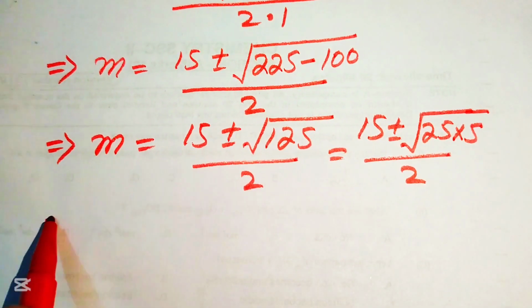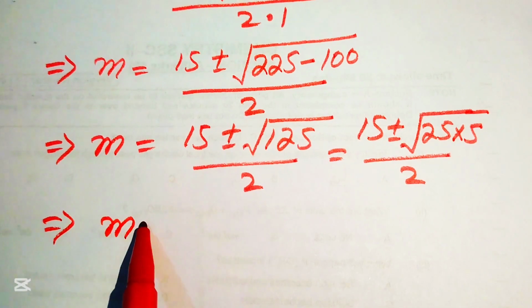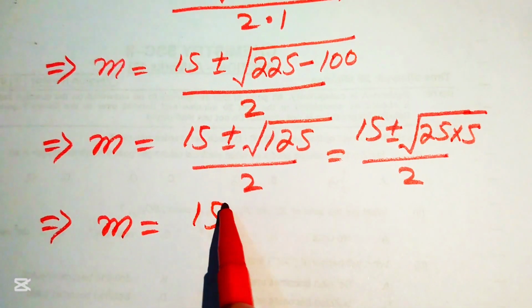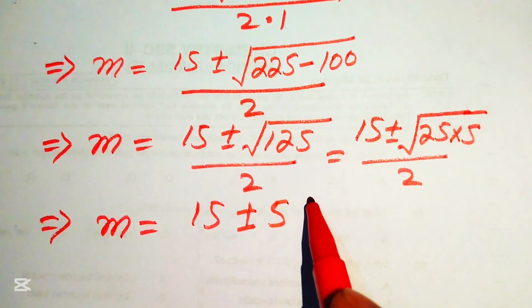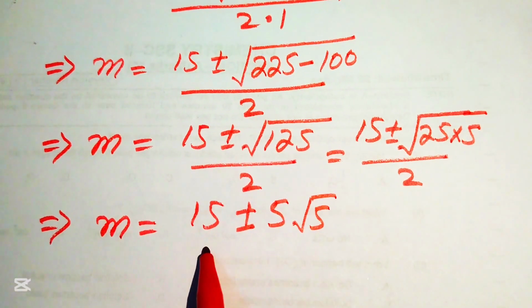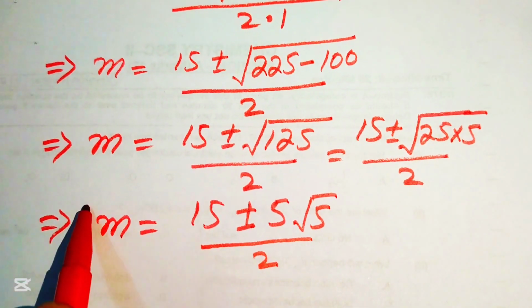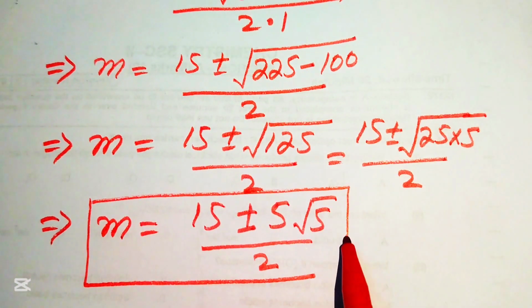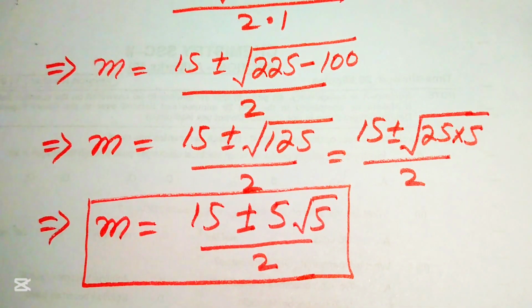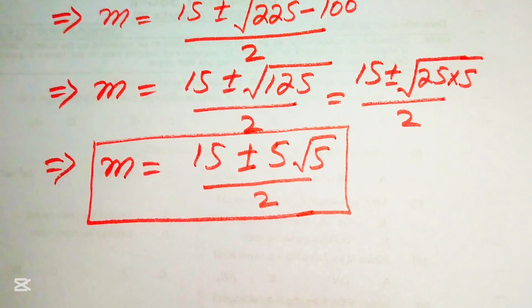So finally we have the two values of m: 15 plus or minus, we know that the square root of 25 equals 5, so 5 into square root of 5, divided by 2. These are the two values of m, and now we need to find the corresponding values of n.